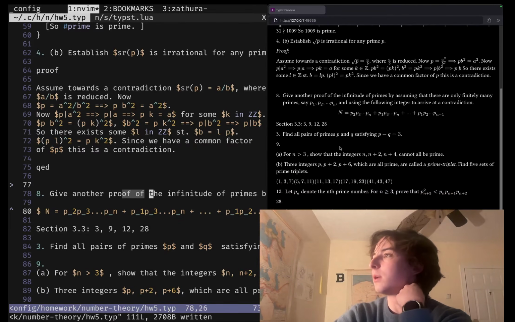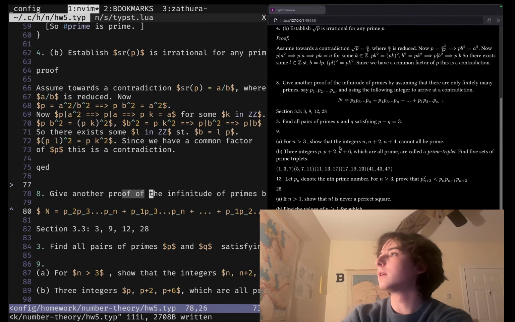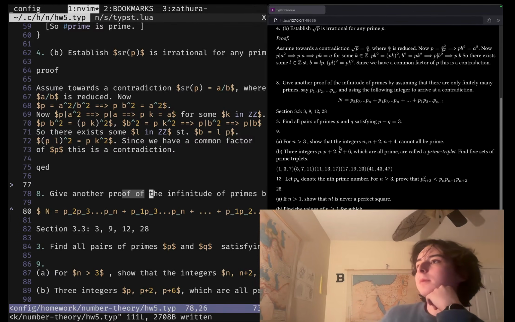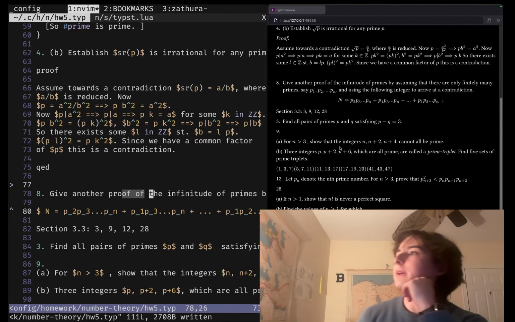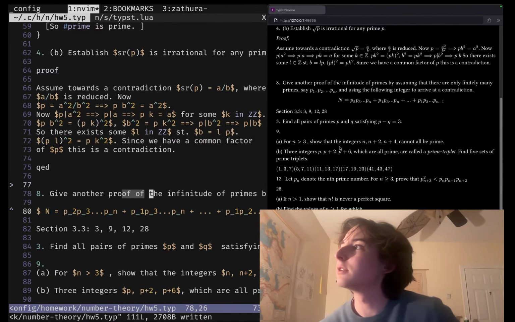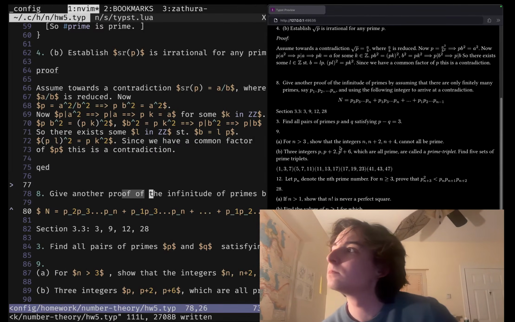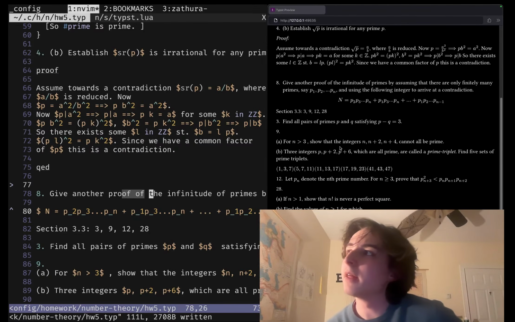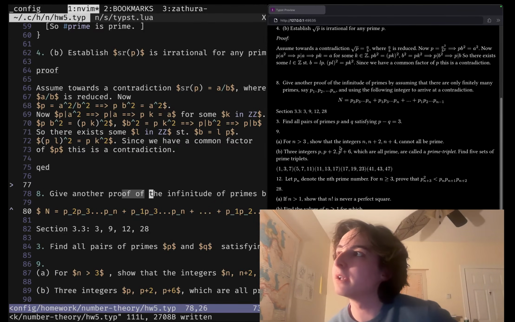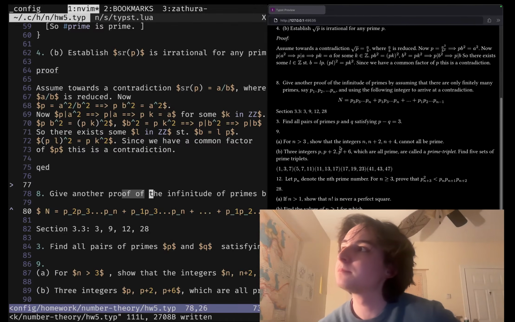Prove the infinitude of primes by assuming that there are only finitely many primes and then using the following integer to arrive at a contradiction. So we need a number that's prime that doesn't equal any of the first n primes.